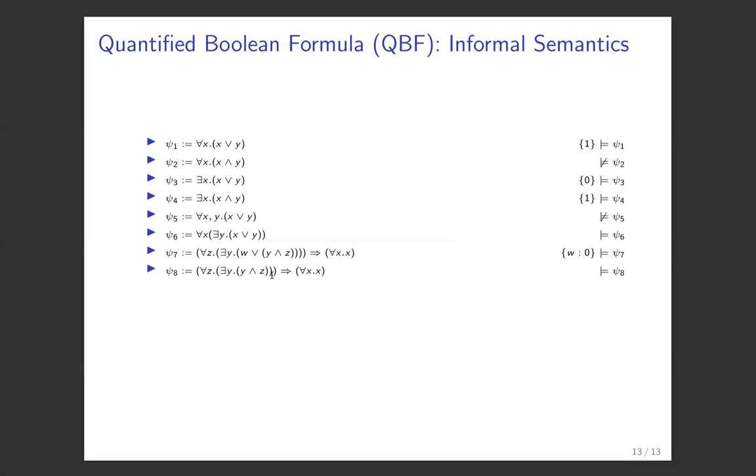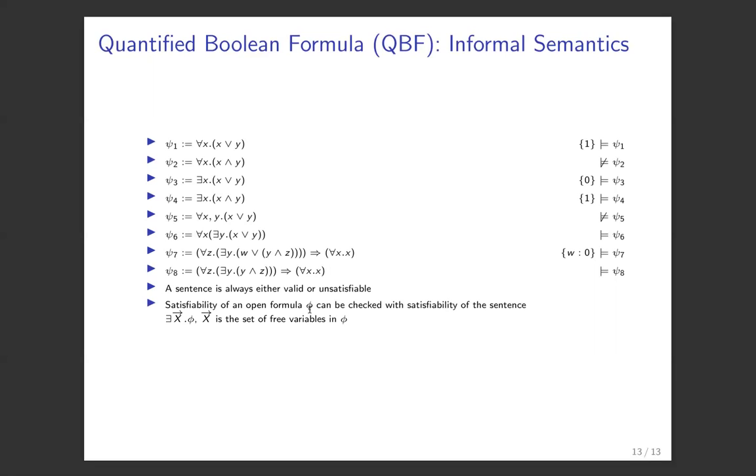Since the antecedent is equivalent to false, the implication is always true. This is because it's a sentence, and a sentence is always either valid or unsatisfiable. In the case of the previous example, it happens to be valid.